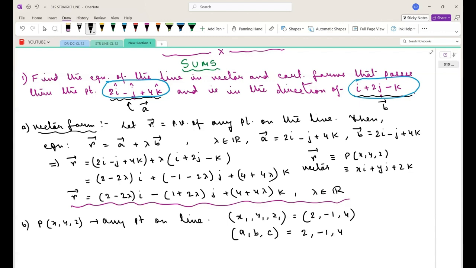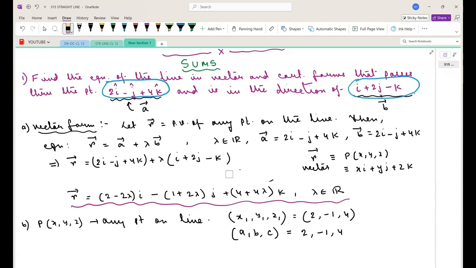So, let me erase this entirely and write it again. Let me erase the intermediate step, because you can make it out very easily. I'm taking the minus sign out.